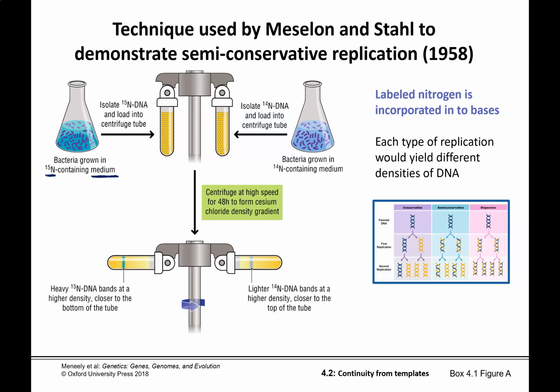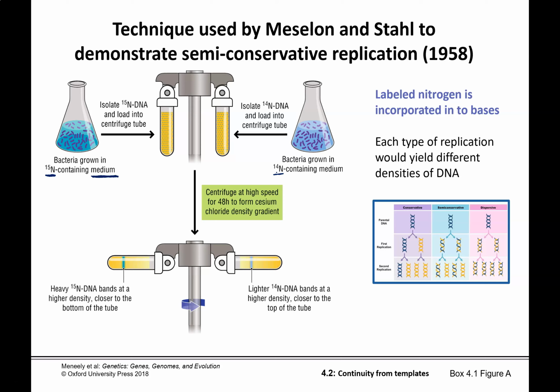So after several generations, all of their DNA contained this N15 nitrogen. In a separate tube, they grew bacteria in N14 medium. And so all of the bacteria there would incorporate that N14 nitrogen.